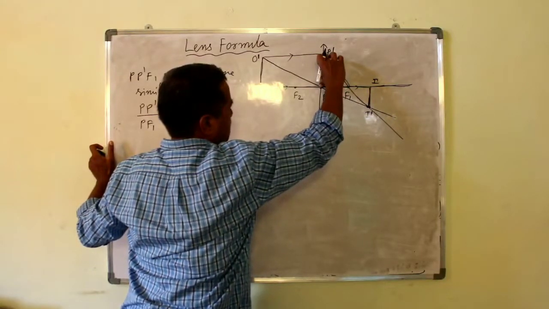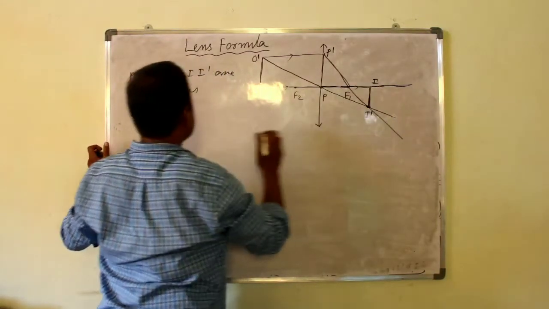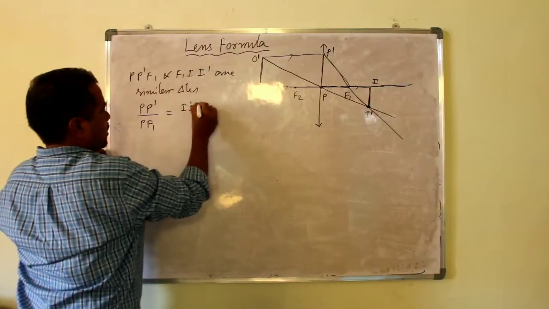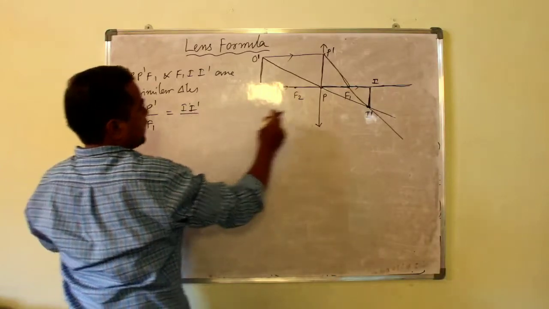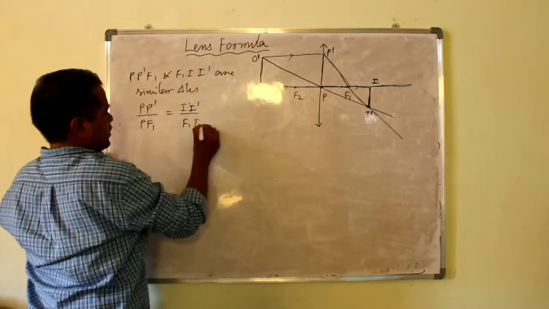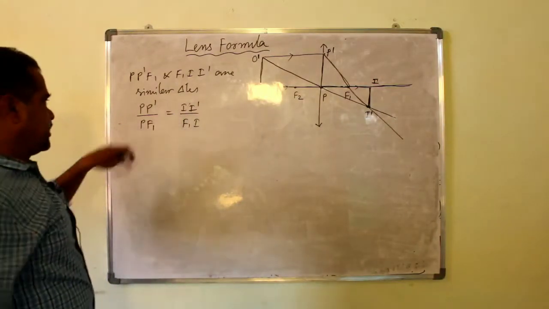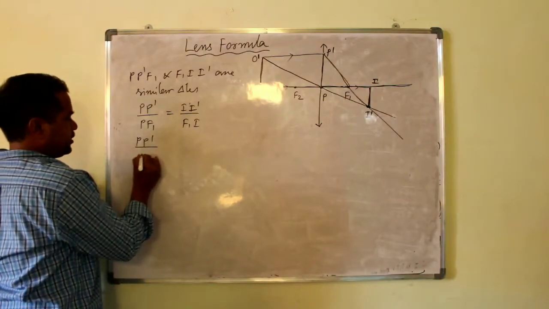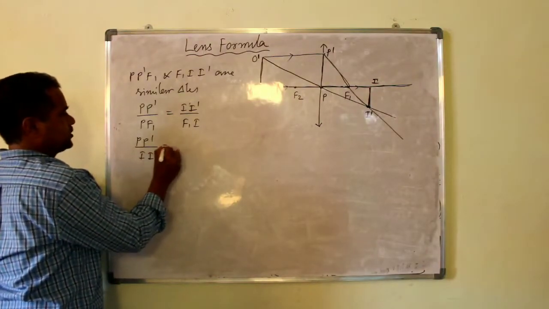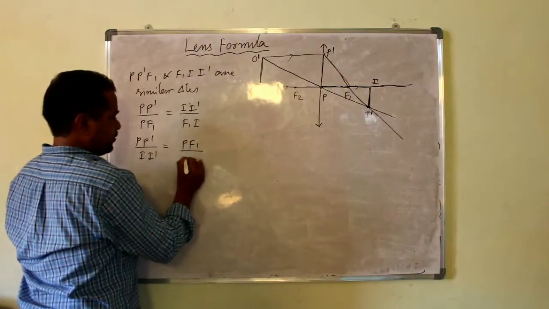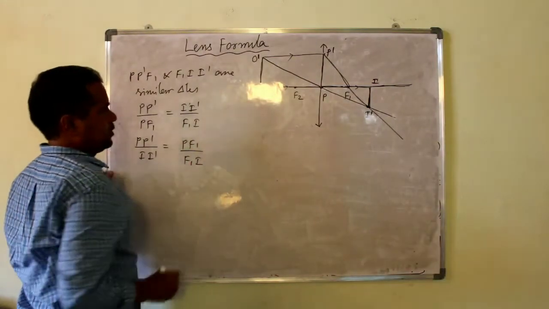The corresponding side of PP' is I'. So I' divided by F1I. By cross multiplication, PP' by I' is equal to PF1 by F1I.